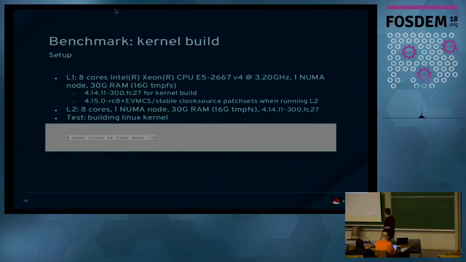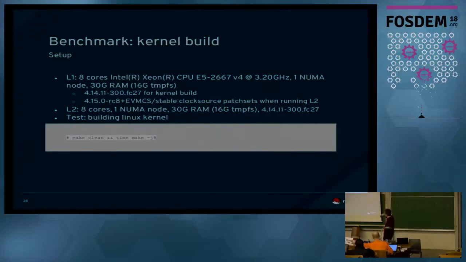Okay, so the last benchmark I did was a kernel build. I wasn't running the script itself, I just did the build. And to compare apples with apples, I had to reboot my level 1 into the same kernel as L2 was running. When it was not running level 2, it was running the stock Fedora kernel.